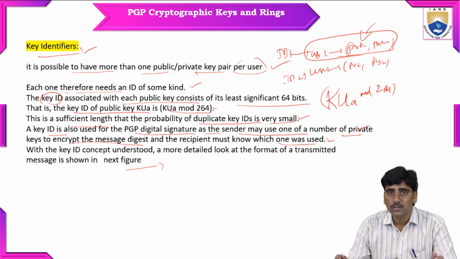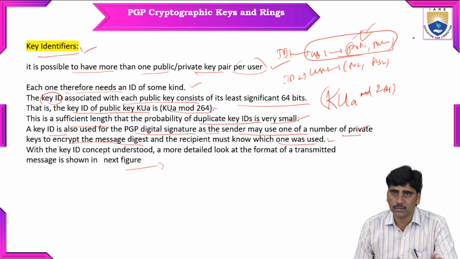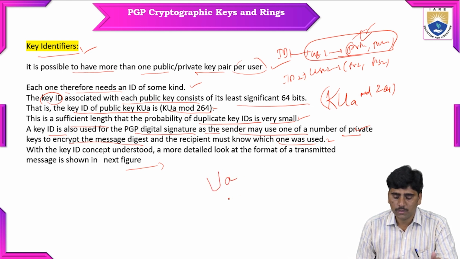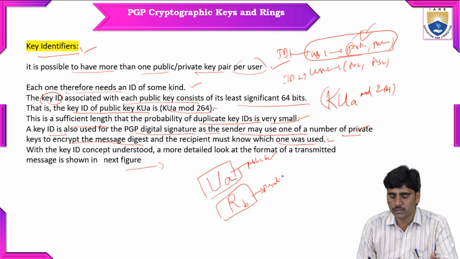So there is a chance to use key IDs for both public and private key pairs. Here, this indication is for the public key and this indication is for the private key.